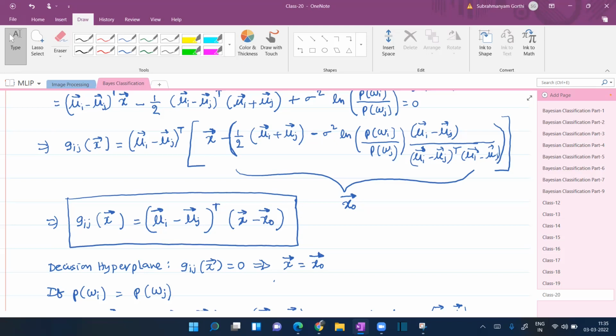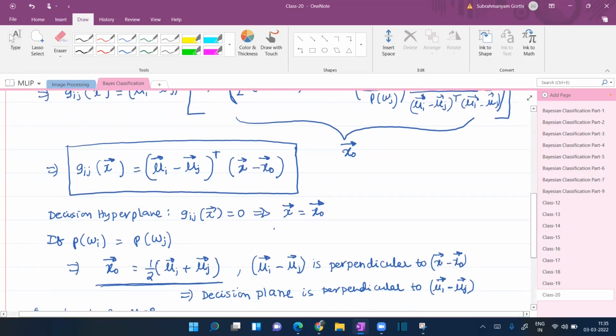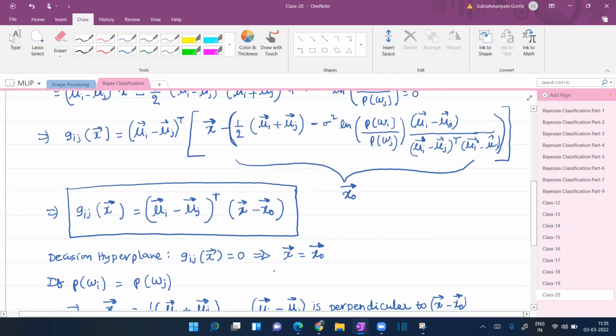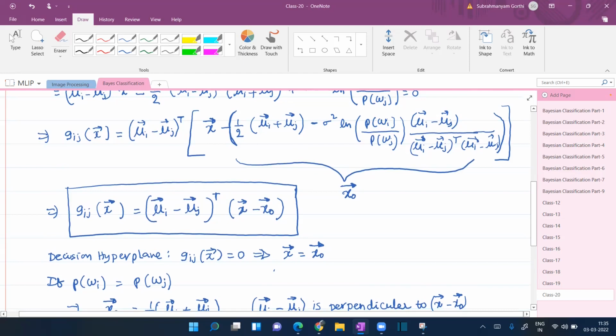But is x bar minus x naught bar still perpendicular to mu i bar minus mu j bar? Is that still perpendicular when I have two classes with varying prior probabilities? Yes or no? Is the question clear? If not, you can ask for a clarification of the question.